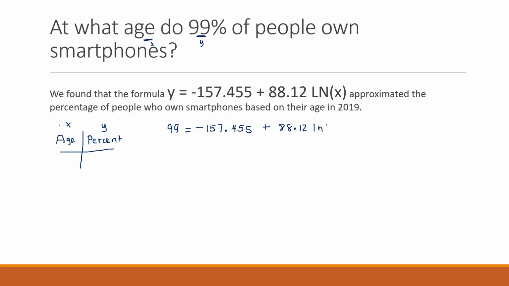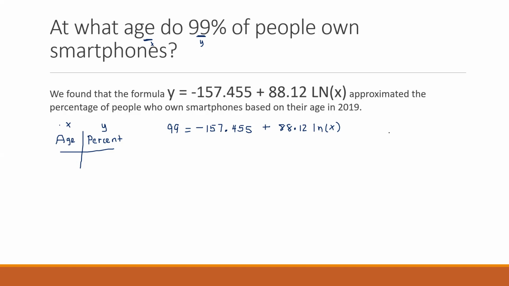I'm going to use lowercase natural log because it's a little easier and it is equivalent to the uppercase that you see on some of the older calculators. So we're going to look at figuring out X. And what we want to do is do everything possible to get X alone.